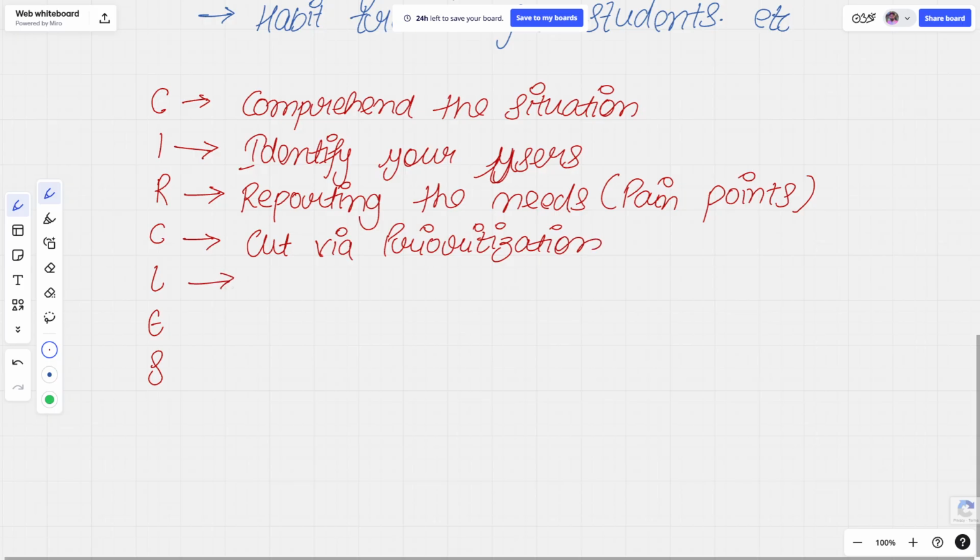And after getting a list of selected pain points for which we are solving, we have to think creatively and list out the solutions.